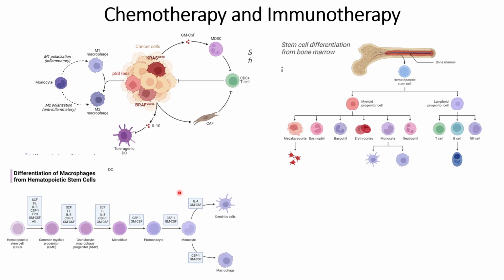The factors involved from these hematopoietic stem cells to these dendritic cells are mentioned here. Among these, for our study we need to know that CSF1 plays an important role in differentiating from monoblast to promonocytes to monocytes.